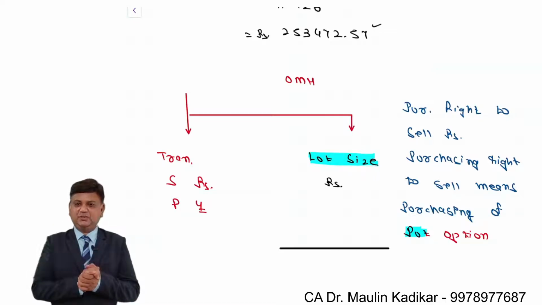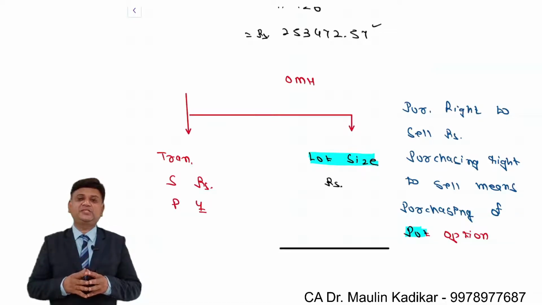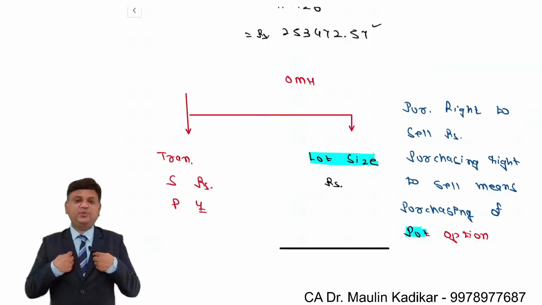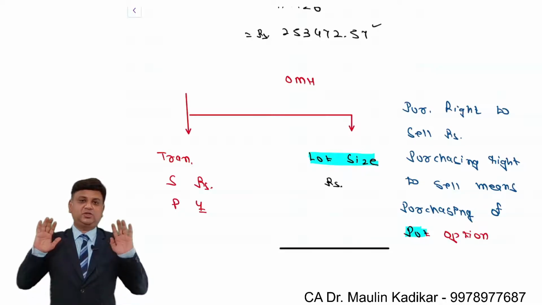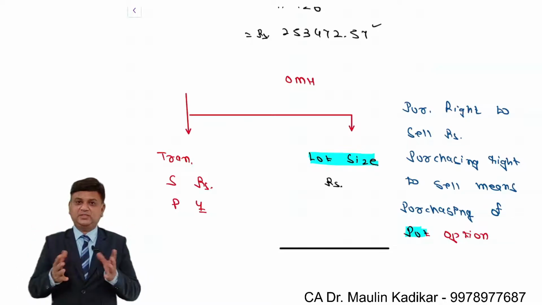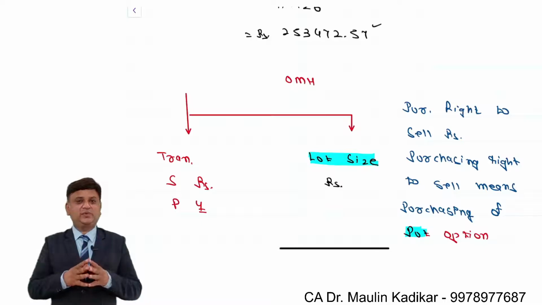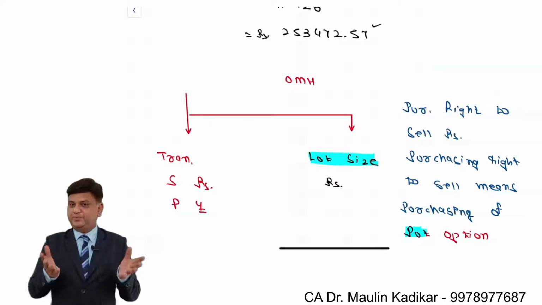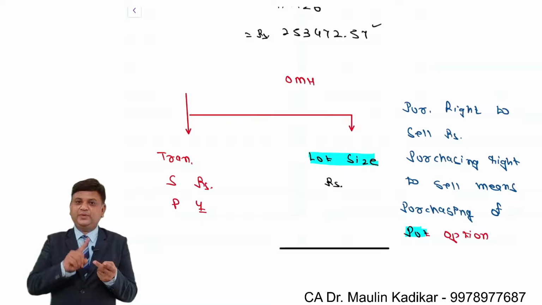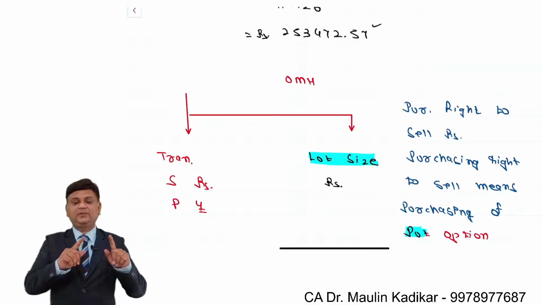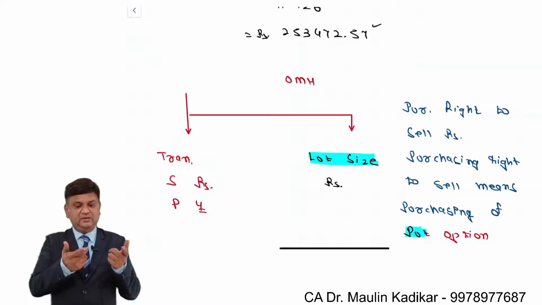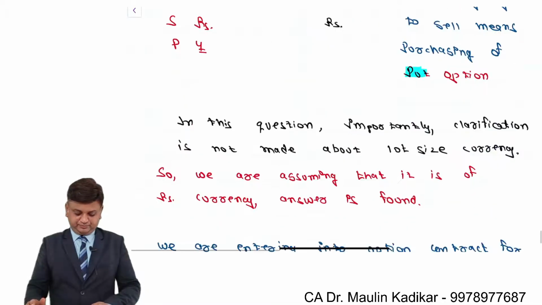Option market hedge: importantly, the question is silent about the lot size. So ICAI has given the suggested answer wherein the assumption is made that my own currency is the lot size, that is the rupee currency. Accordingly the answer is provided by them. The option currency transaction is sell of rupees and purchase of yen. Sell rupees means you are purchasing the right to sell, means you purchase a put option.